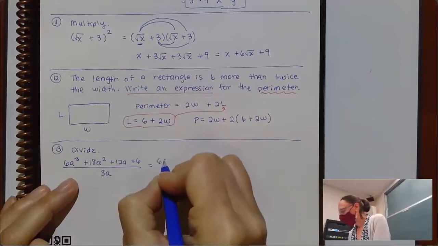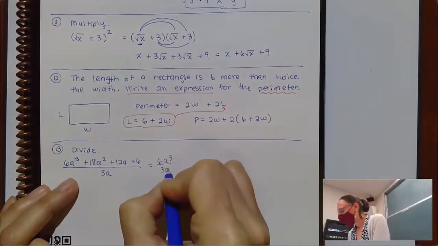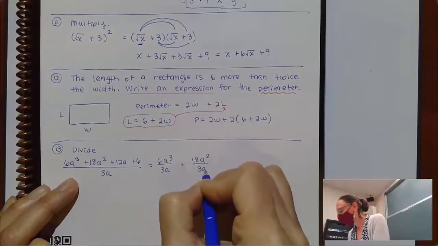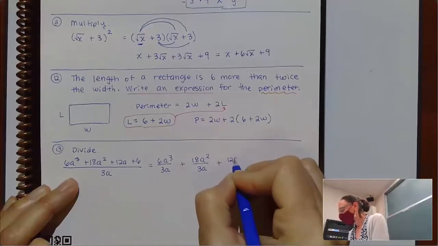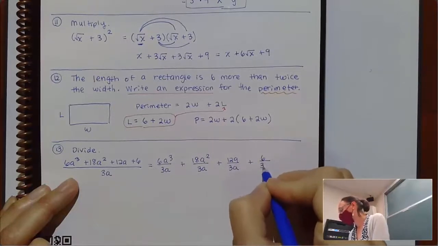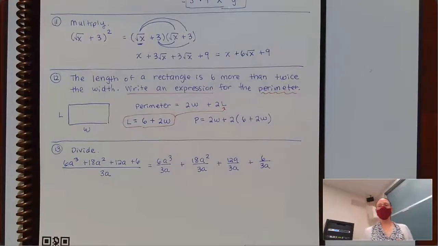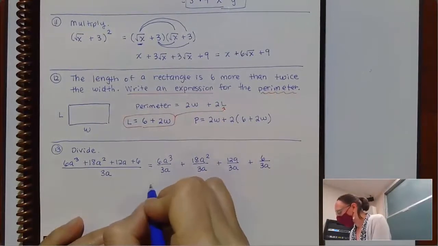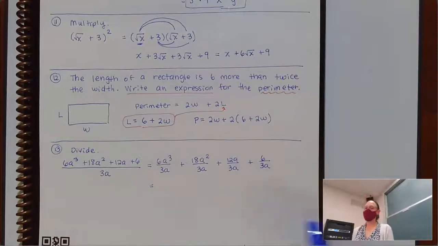So I'd have 6a cubed over 3a plus 18a squared over 3a plus 12a over 3a plus 6 over 3a. And then in each of those, I'd be thinking, can I find a 1 that I'm multiplying by? So if I look at this first one, you do not have to show this extra step.